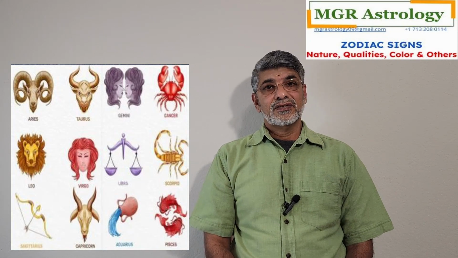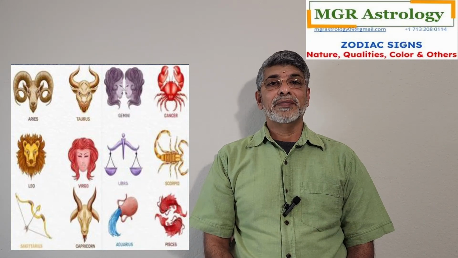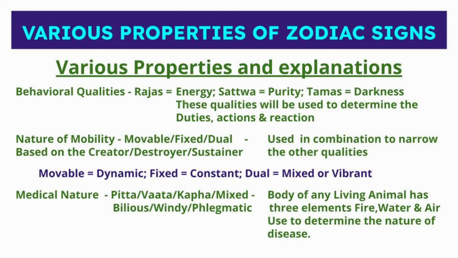The next quality is of medical nature. According to Ayurveda and Vedic astrology, living beings are controlled by three natural elements of fire, air, and water present in each and every living being's body. And when the balance between these three is shattered or imbalanced, then disease occurs.